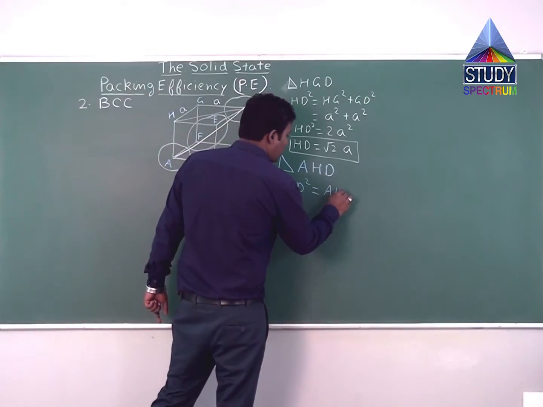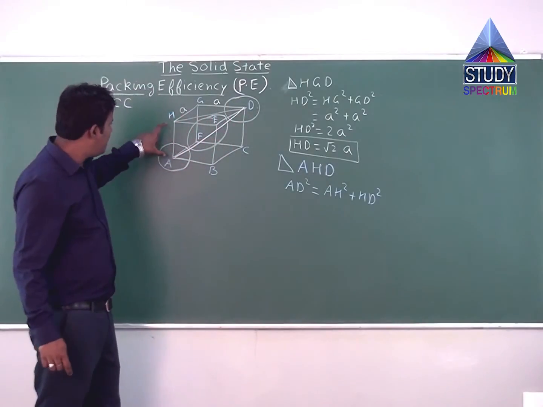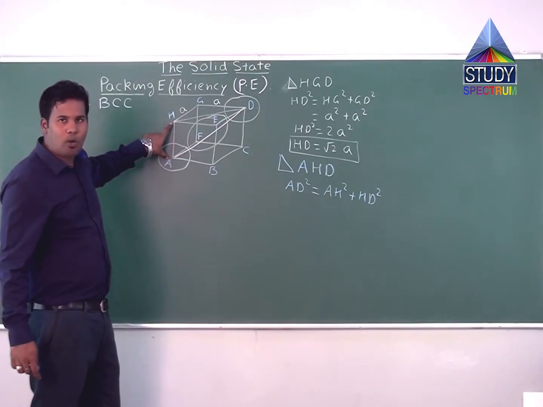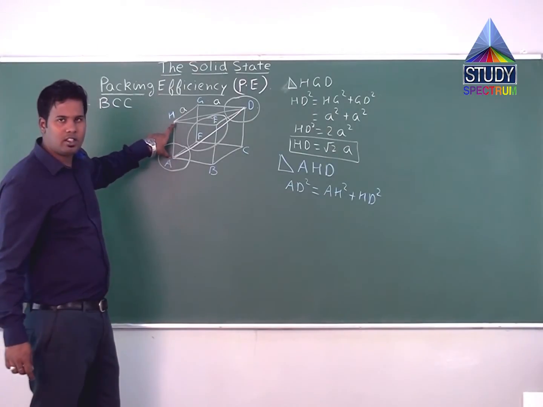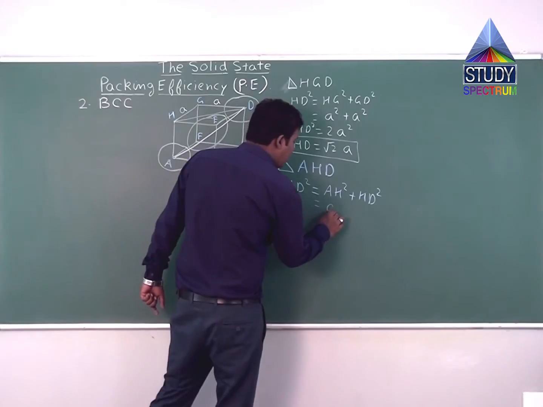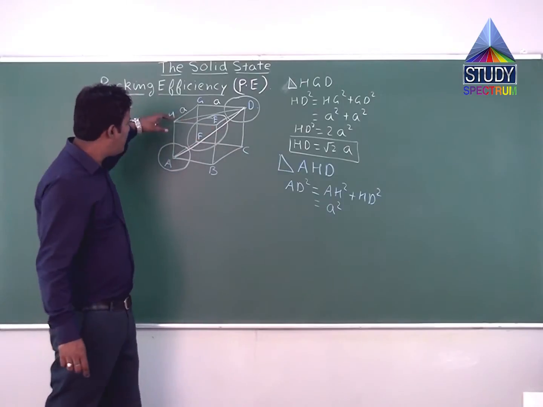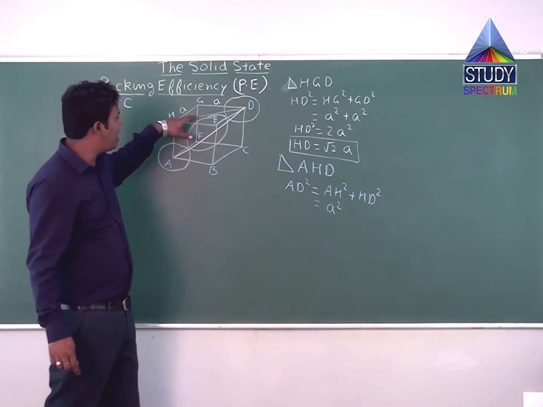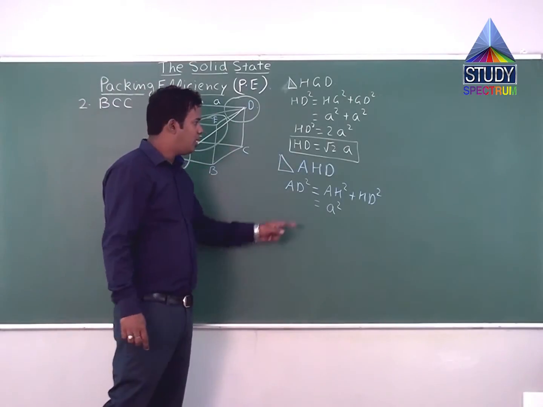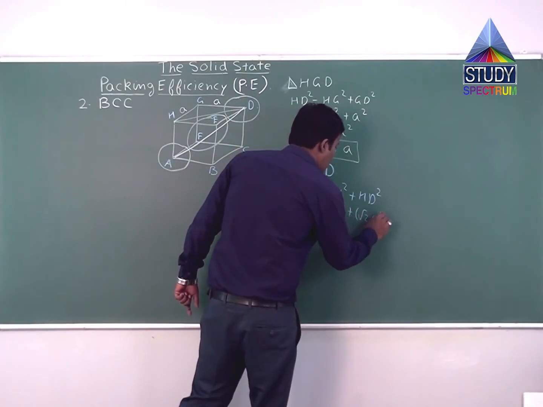Now AH represents one of the edge lengths of this cube, and since the edge length is represented by small a and all the edge lengths are equal as it is a cube, AH is also small a. So in place of AH square I can write a square. Now HD is the face diagonal of this top face, correct? It was coming out to be root 2 a. Now since we have the square of HD, it becomes the square of root 2 a.